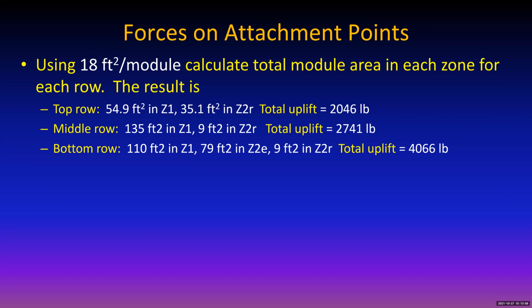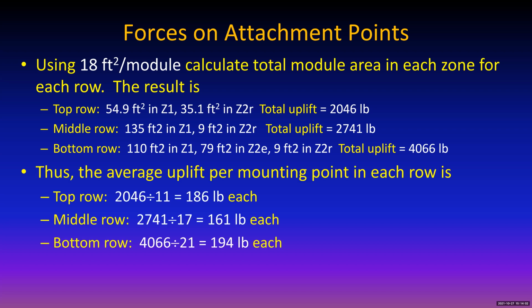Now, of course, there's more modules in the middle and on the bottom, so there's also probably going to be more anchor points. So in any case, if we look at the mounting points then on each row, you got 11 mounting points on the top one, so each one has to hold 186 pounds, 17 in the middle, so that's 161 pounds each, and 21 on the bottom, so each one then has to withstand 194 pounds uplift.